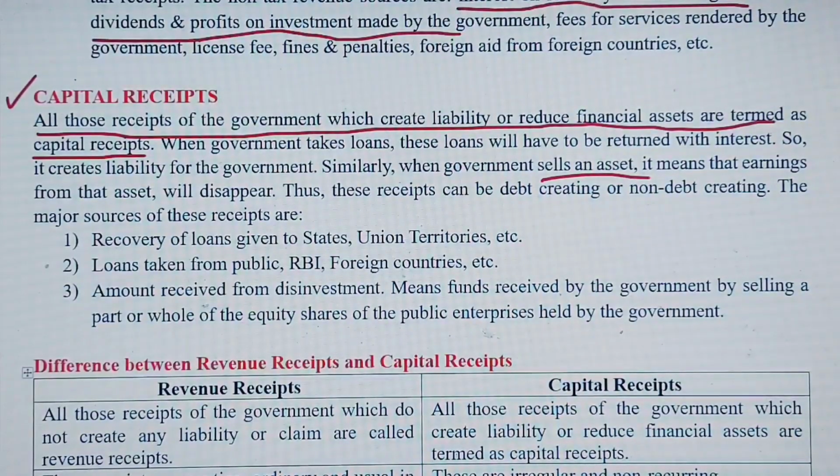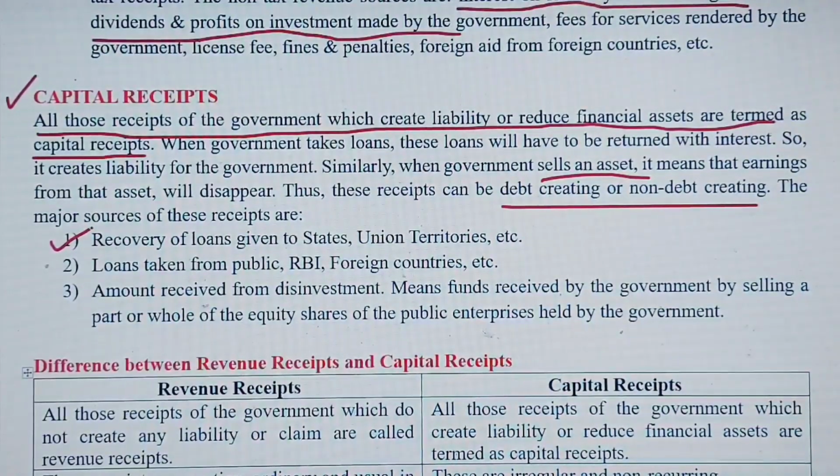That means the earning from the asset will disappear. So these receipts can be debt-creating and non-debt-creating receipts. The major sources of capital receipts include, first, recovery of loans from states, union territories, etc.